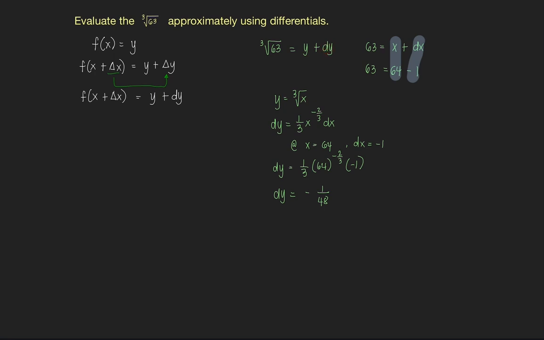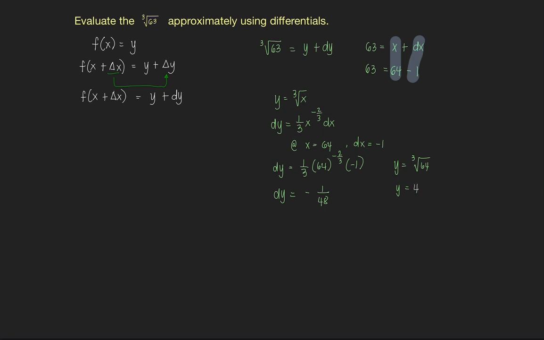So we already have our dy. We just need now to solve for y. So solving for y, when x is 64, what is the value of y? So y would be equal to the cube root of 64, and y therefore is equal to 4.